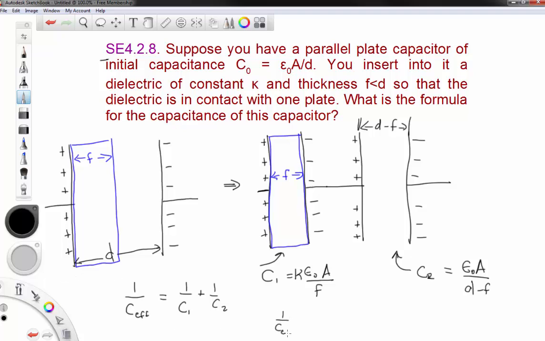So 1 over C effective is 1 over C1, so that's F over kappa epsilon naught A, plus 1 over C2, that'd be D minus F over epsilon naught A. If we want to get a common denominator, that basically means that we have F plus kappa times D minus F divided by the kappa epsilon naught A term.